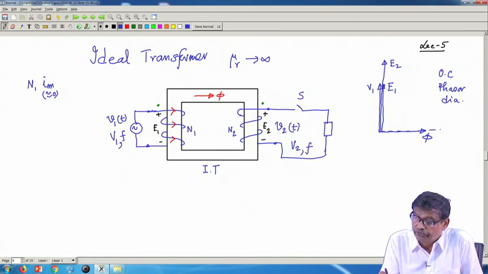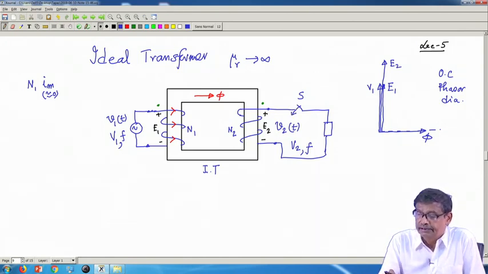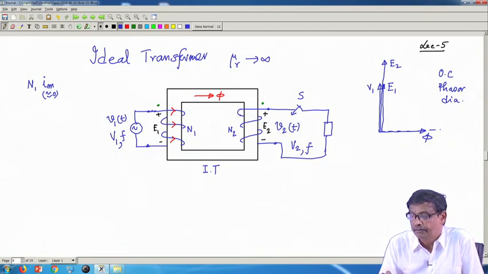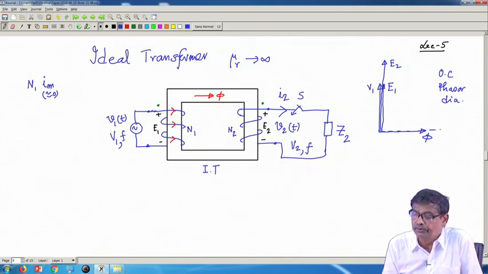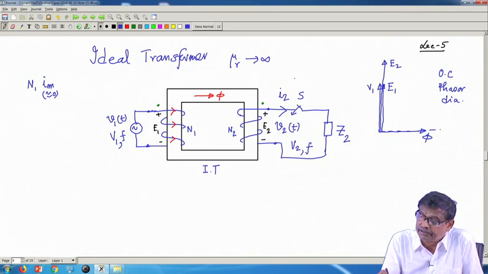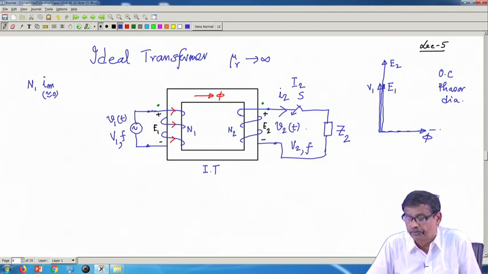Then when you close this switch, there is an EMF available, and there is an impedance Z2. Therefore, there will be current in the circuit. Instantaneous current is i2, or in phasor representation capital I2. This current will be delivered to the load.